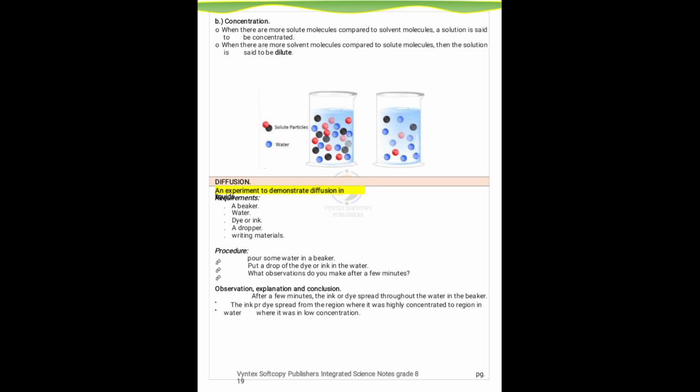There are several practicals that are carried out to demonstrate how diffusion takes place, or how substances move from the region of high concentration to the region of low concentration. The most common practical is whereby the learners are supposed to use a beaker, water, and then potassium permanganate.